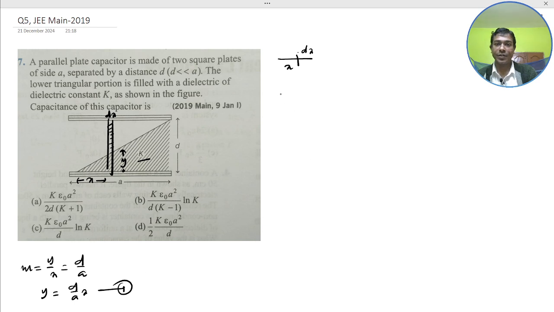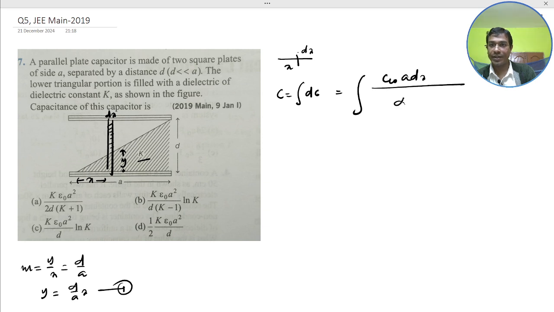Now the capacitance of a small portion, C is equal to the integration of the small element dC, which is the integration of epsilon naught a dx divided by d minus y plus y by k. We just write this formula, d minus t plus t by k. This is equation number 2.